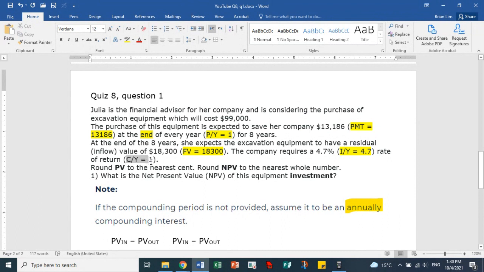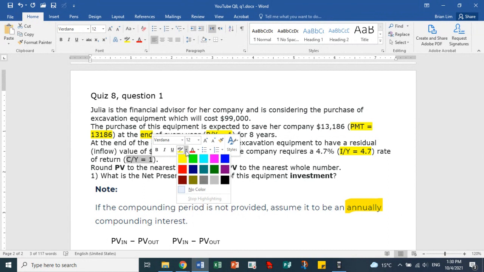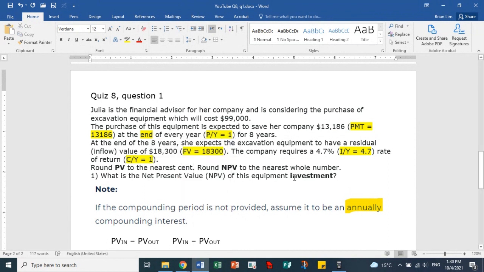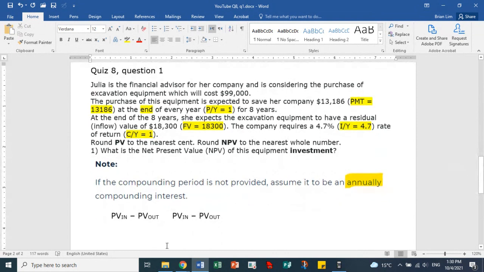That is the terminology used: it says 4.7% rate of return, and it is already understood that the compounding frequency is annually, which turns out that CY would be 1. Okay, so the whole idea is to calculate present value in and present value out. All right, so we know these, we can identify them in the question, and then we can do calculations.